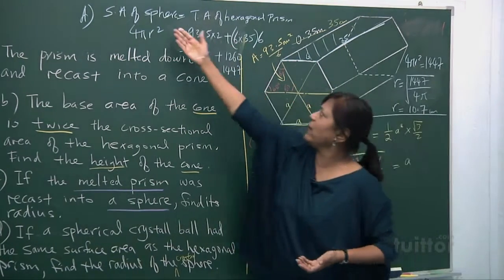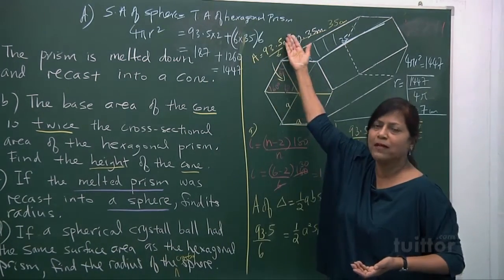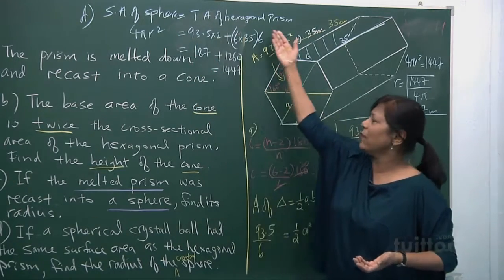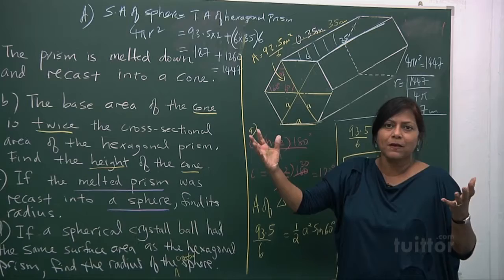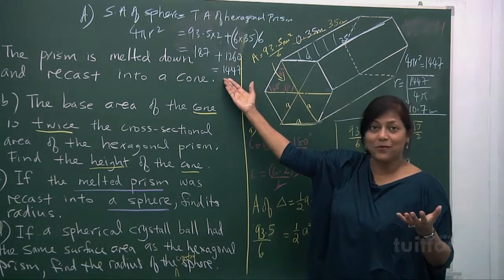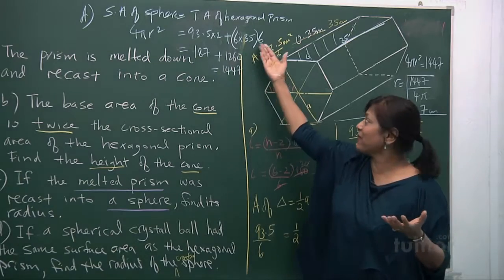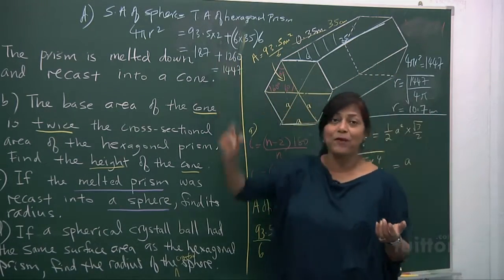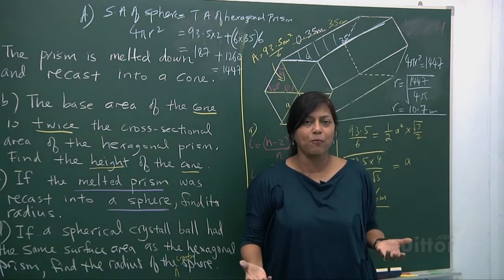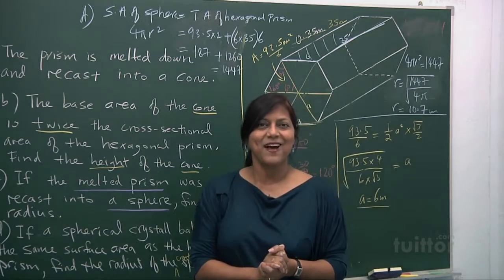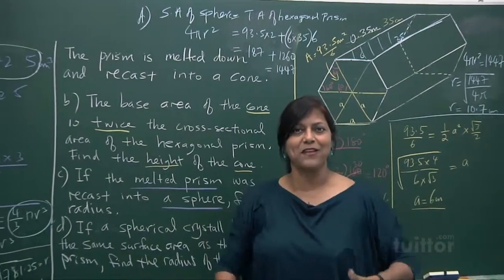So we equate it with this beautiful formula, surface area 4 pi r squared equals the area of the hexagonal prism. And when you get that, very easily, remember 6 rectangles plus the 2 hexagons. And the hexagons have already been given to you, 93.5. So with that, we can find the radius, right? Stay on for the next sum.